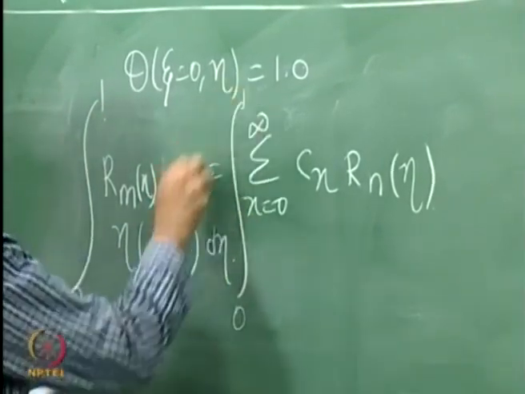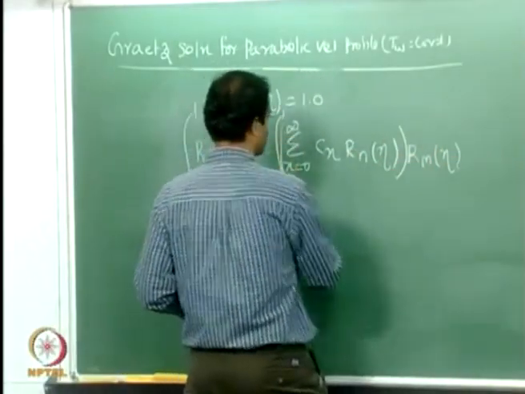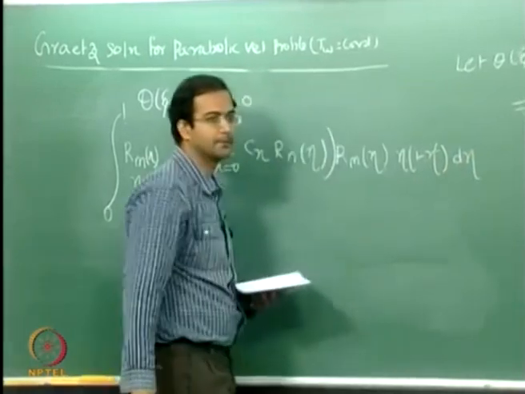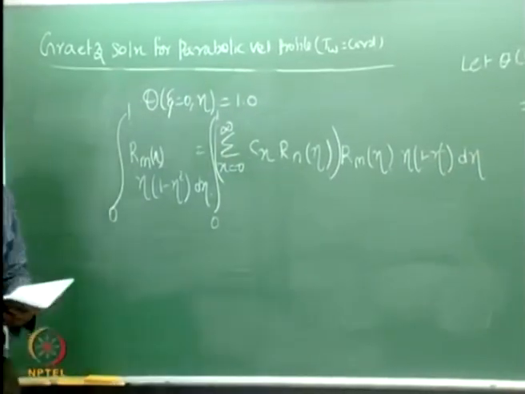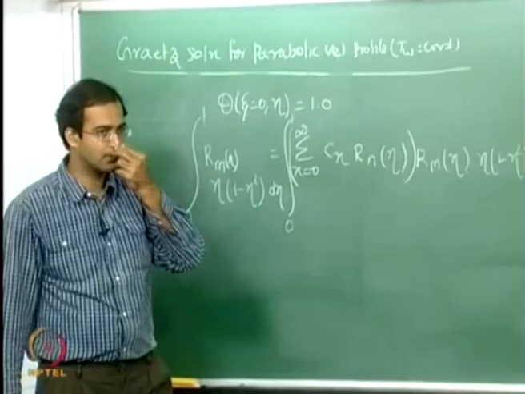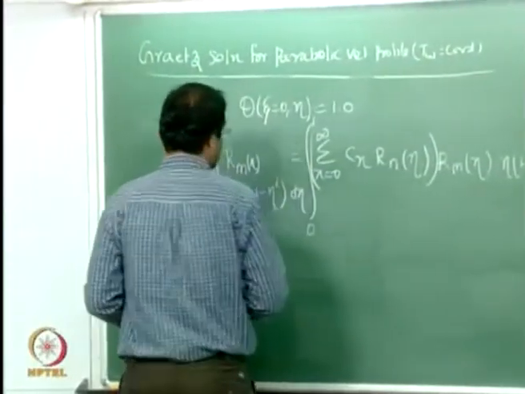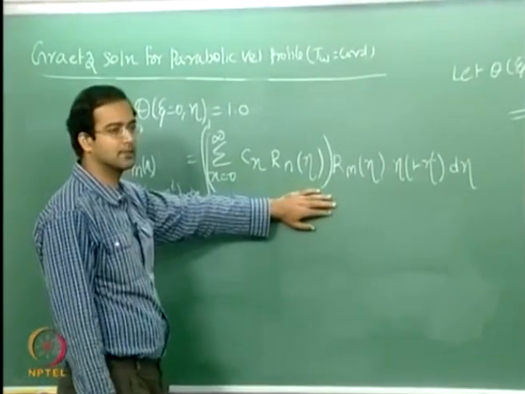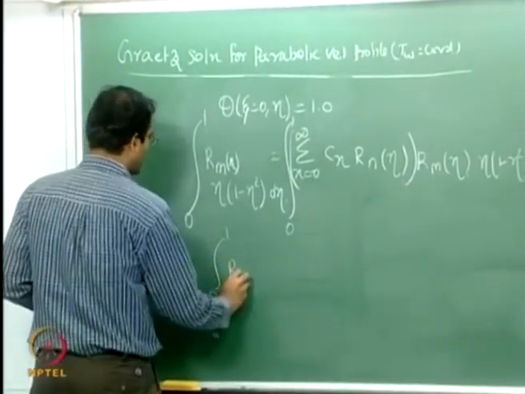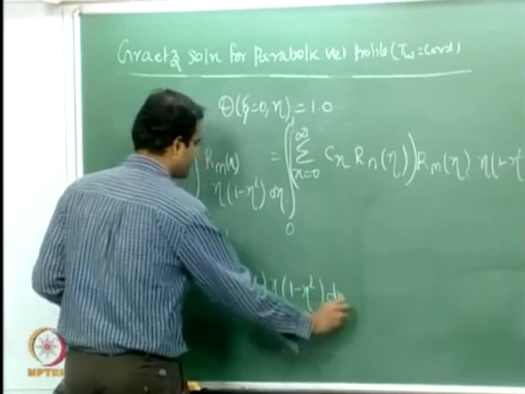So this is also the same. I have Rm eta into eta into 1 minus eta square d eta. So multiply by this Rm eta into the weighing function and integrate both sides. Now I make use of my orthogonality property. Therefore only for m equal to n this will be non-zero. So this will turn out to be 0 to 1 Rn of eta into 1 minus eta square d eta.